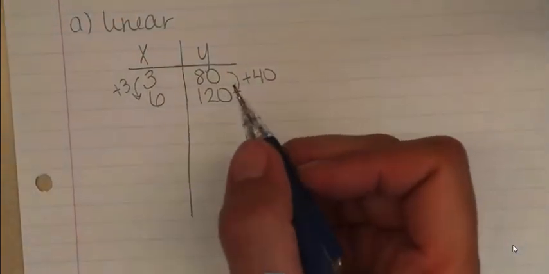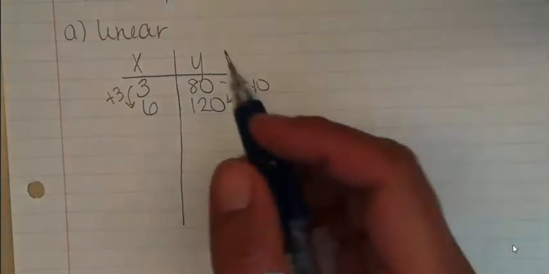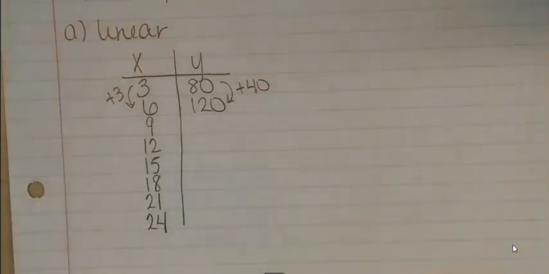It's not that easy, but it might be easier sometimes than writing a function. Actually, I think writing a function would probably be easier, but let's just do that for the sake of recognizing patterns. So if I add 3 on to my last input, I'm going to end up with 9. Keep that going all the way until I get to 24.